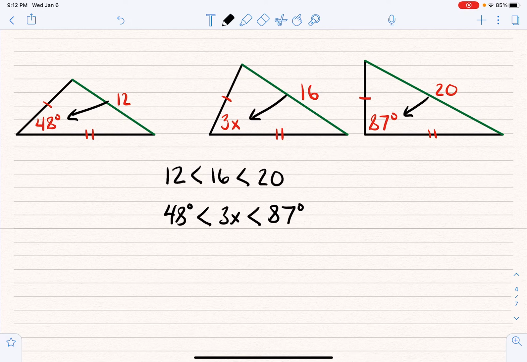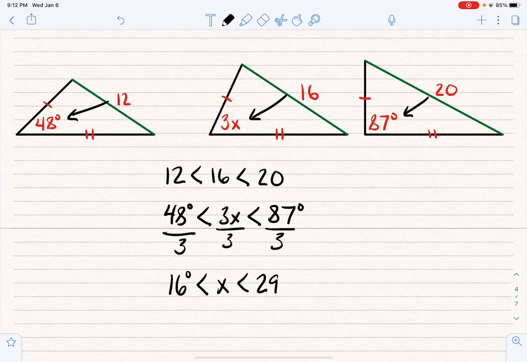To solve this, I simply would divide all three by 3. 48 divided by 3 is 16. 3x divided by 3 is just x. And 87 divided by 3 is 29. So I don't know what the value of x is, but I do know that x has to be in between 16 and 29. It can't be 16 and it can't be 29, but it's got to be in between the two.